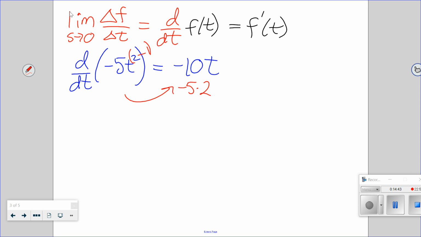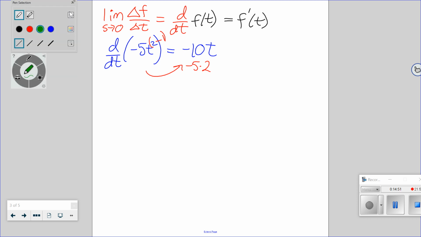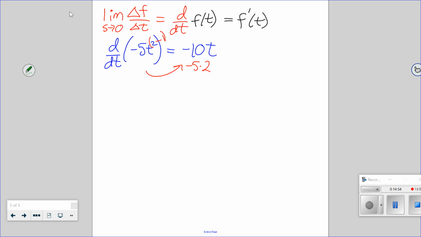Do you remember a physics formula where, what kind of physics quantity might be minus 5t squared? Sure, Kevin. Exactly.